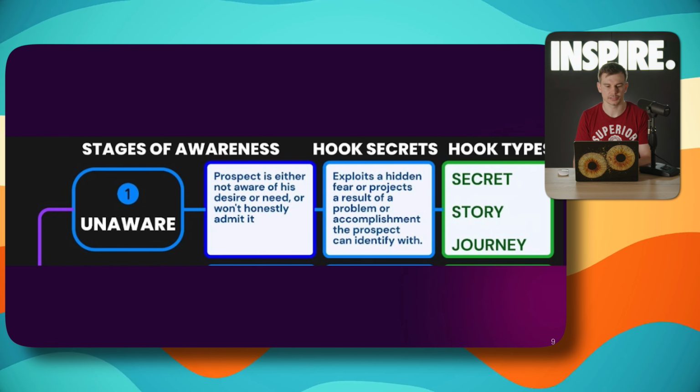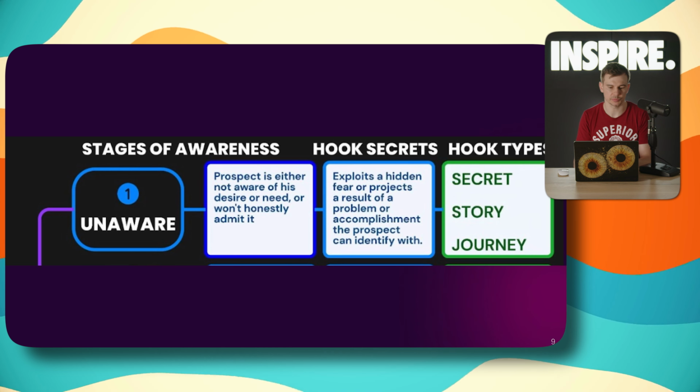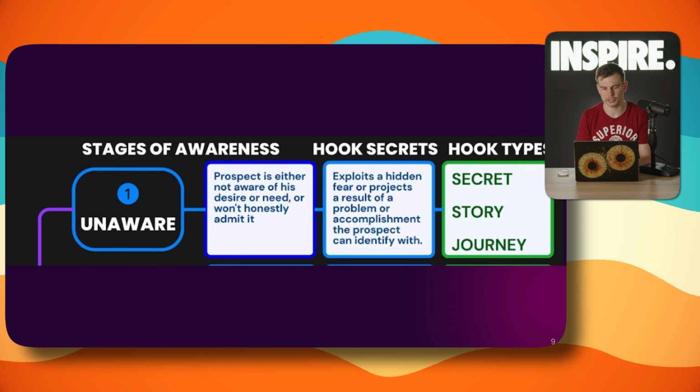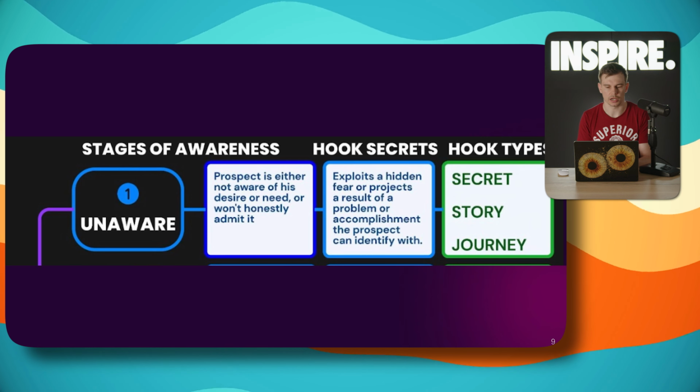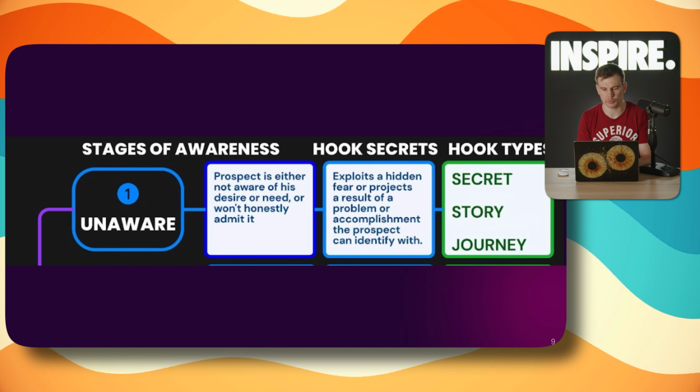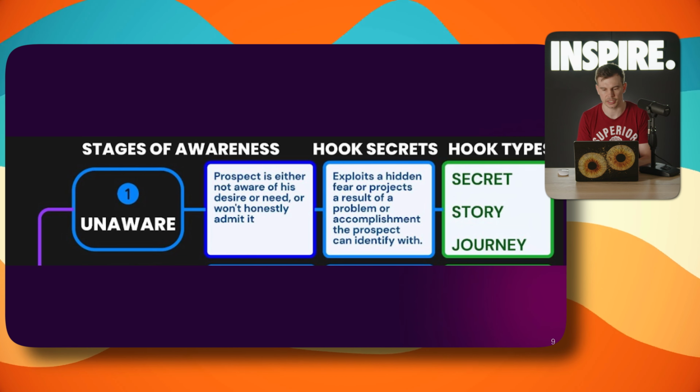So for example, stage 1 is unaware. The prospect is either not aware of their desire or need, or won't honestly admit it. What type of hooks do we need to use? Hooks that exploit a hidden fear or project a result of a problem or accomplishment that the prospect identifies with.